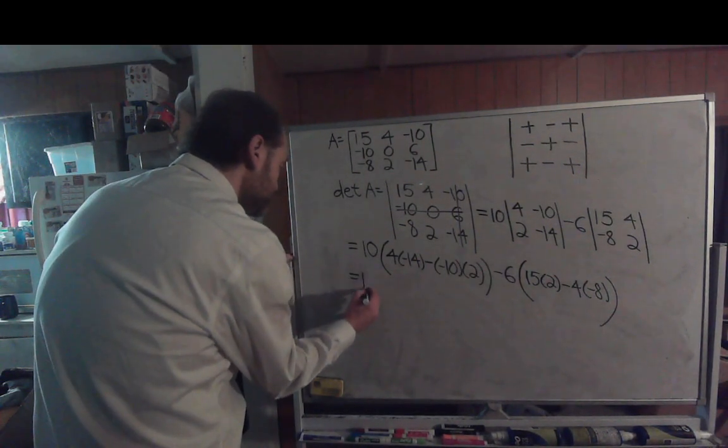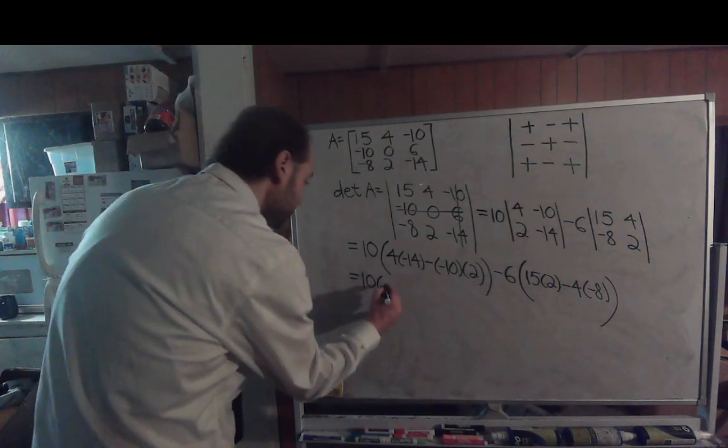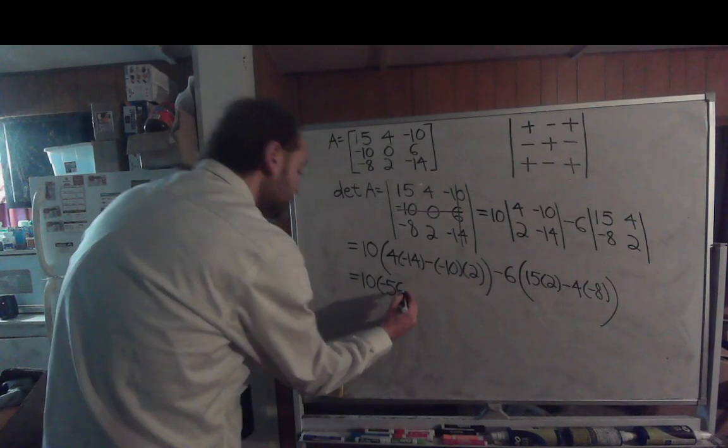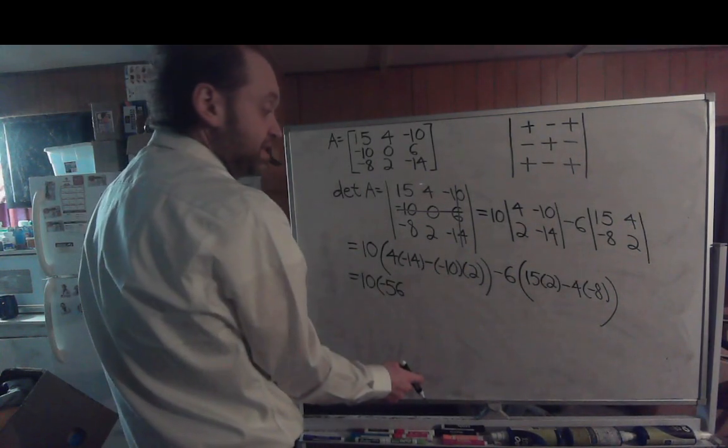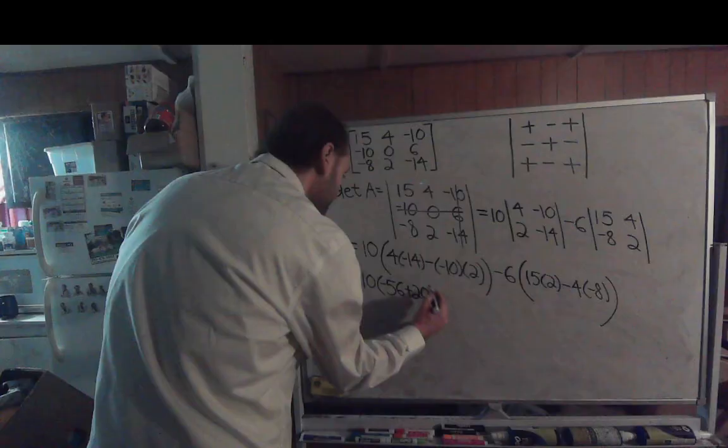So let's see, let's deal with the parentheses. 4 times negative 14 is going to be negative 56. Negative 10 is actually positive 10 times 2. That would be plus 20.